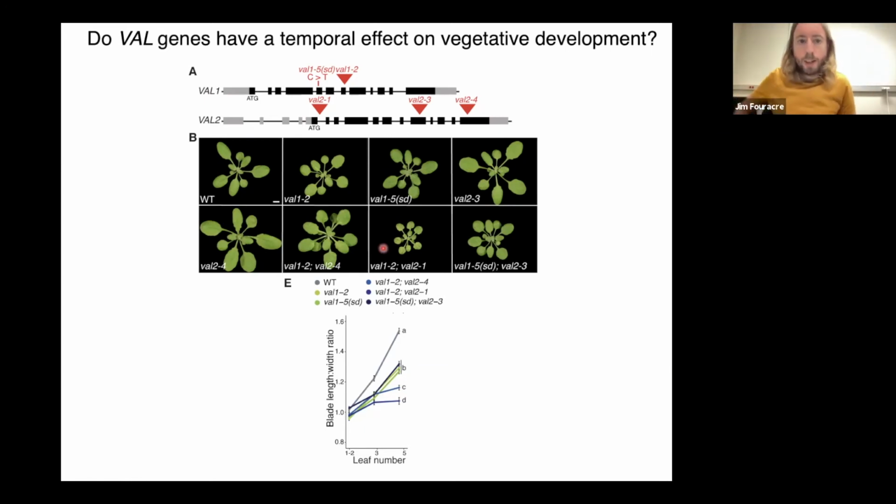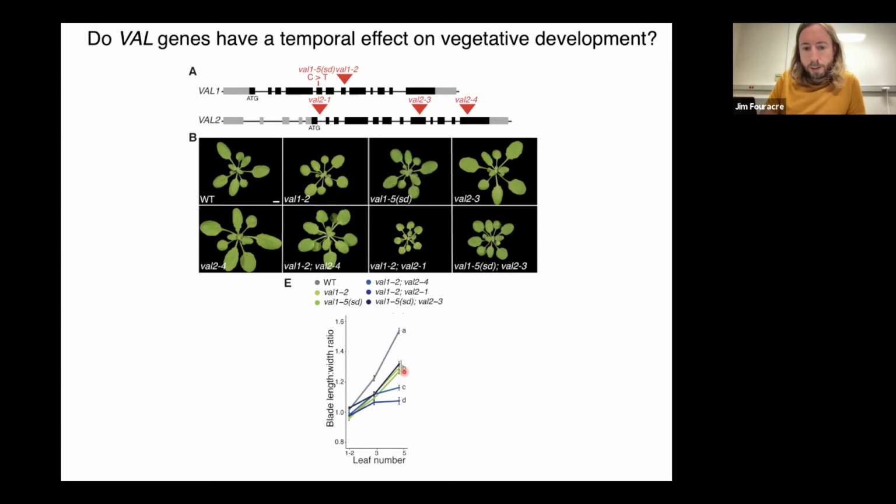To get a handle on whether they have a temporal effect, I quantified the length-width ratio of leaf blades in these various mutant lines. In wild-type plants, in silver here, you see a gradual increase in the ratio between the length and the width of the blade, so as leaves become more adult, they get longer.